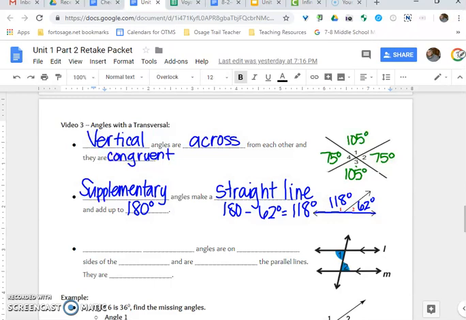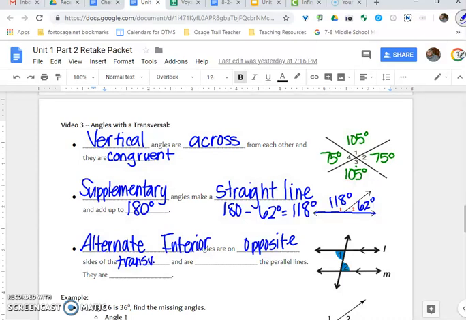The third one I want us to remember is alternate interior angles. And those I mentioned in video 2 when we were doing the rotations and we were having to find congruent angles. These angles are on opposite sides of the transversal, and are inside the parallel lines.